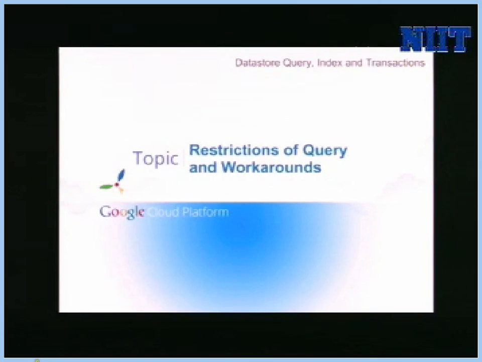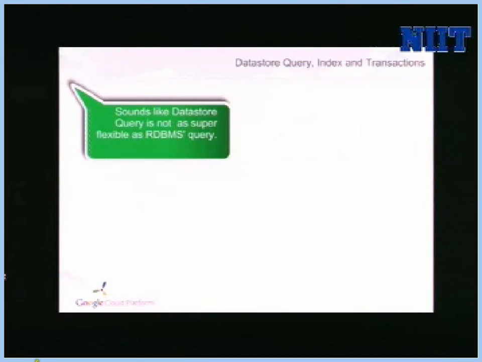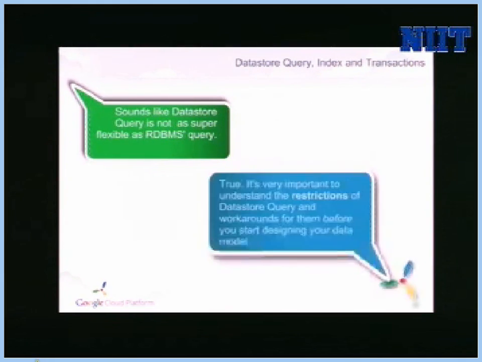How can we make a Datastore query operate almost as flexibly as a relational database query? We cannot say Datastore will be super flexible just like an RDB, because a single Datastore query has to be super scalable. We'll have to have certain restrictions. For the App Engine developer, it's very important to understand those restrictions and workarounds before you start designing your data model.